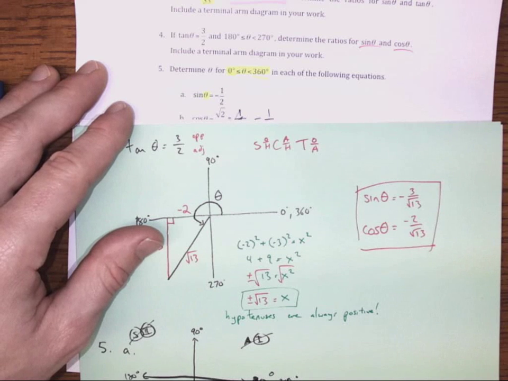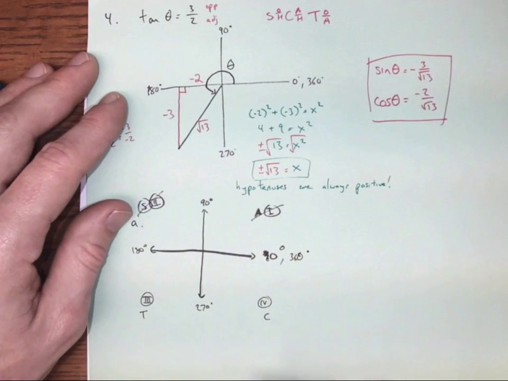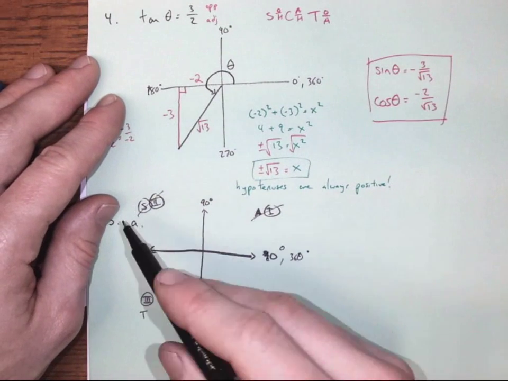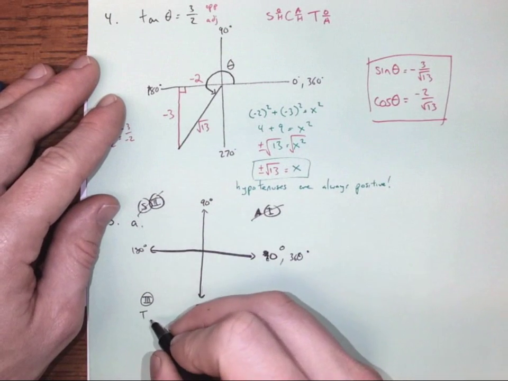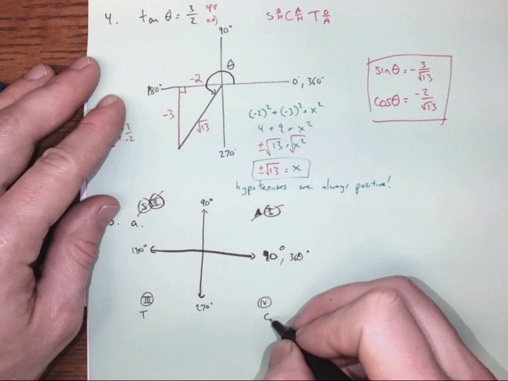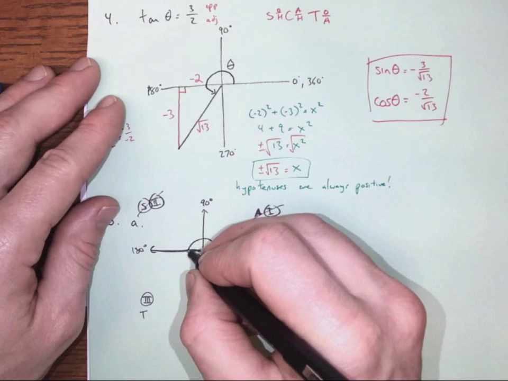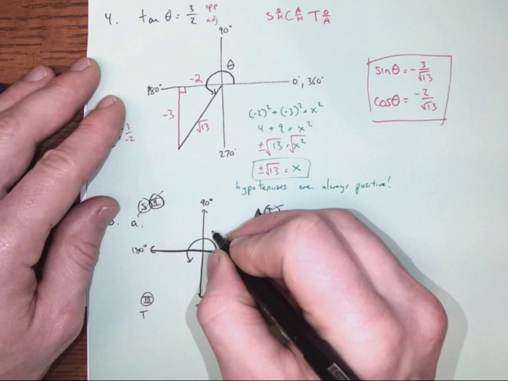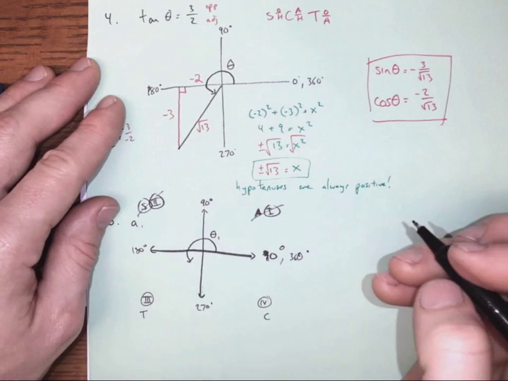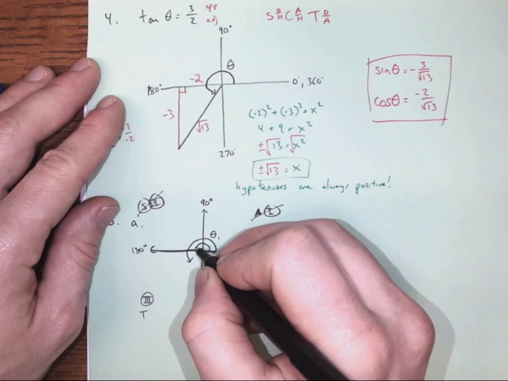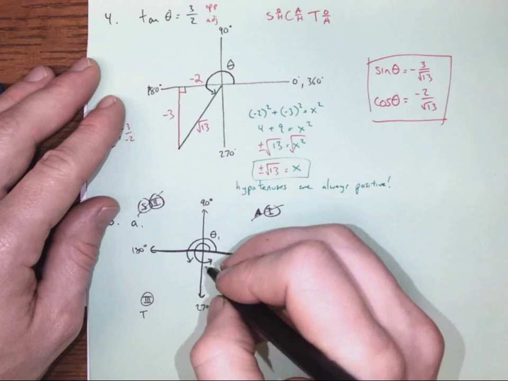This is where sine is negative, down here and down here, because sine is positive in these two quadrants. So I could have an angle theta that terminates in quadrant 3. I'll call that theta 1. Or I could have an angle that terminates in quadrant 4. And I'll call that theta 2. And I'll draw triangles in both quadrants that fit this possible condition.